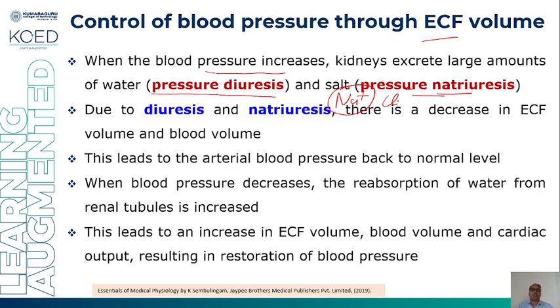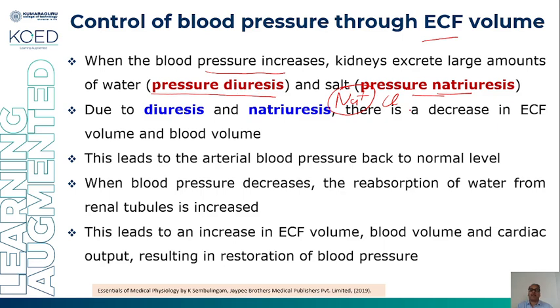This condition is termed pressure natriuresis. So when arterial blood pressure increases, normally two things will happen: loss of water and loss of salt, which are termed pressure diuresis and pressure natriuresis respectively.